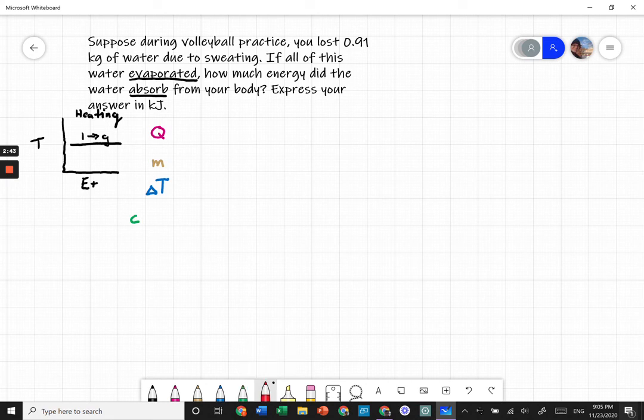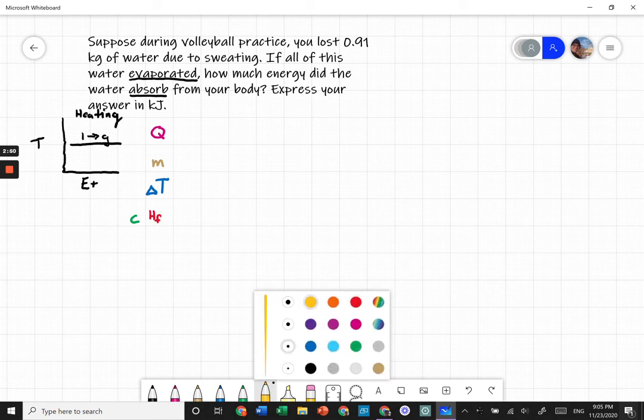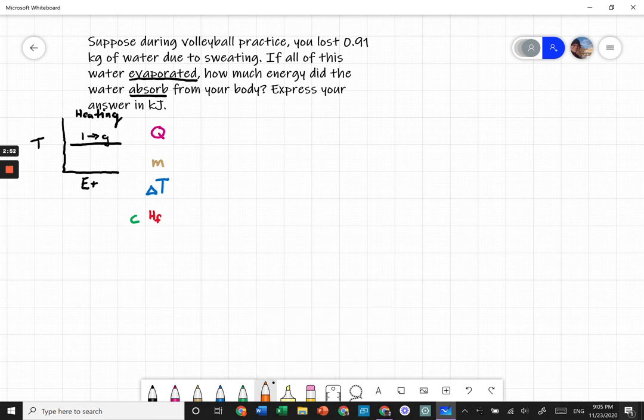A change from a solid to a liquid tells us our heat of fusion, or something that goes from a liquid to a gas tells us our heat of vaporization. I like to set up my table with those variables on the left, just like we have it set up on our table, and then the information I can fill in on the right.